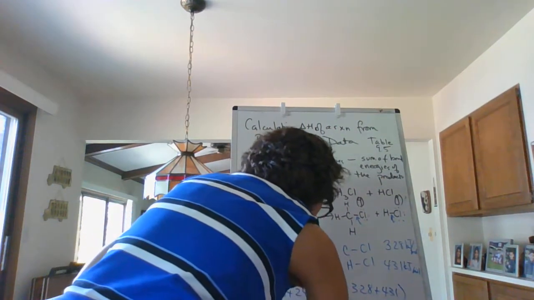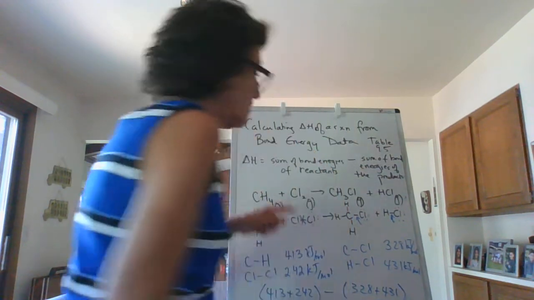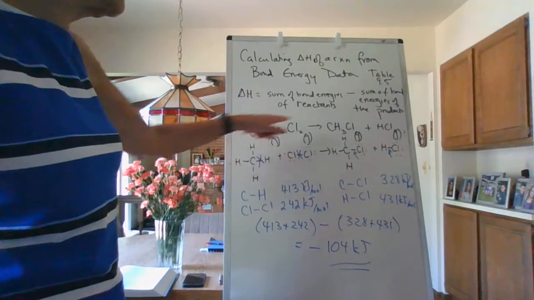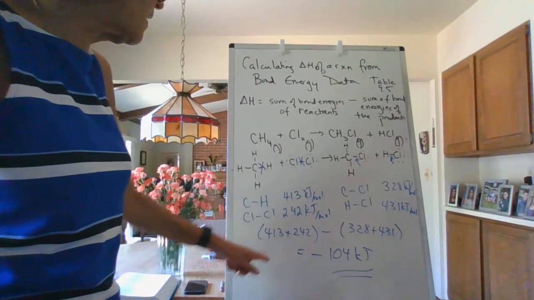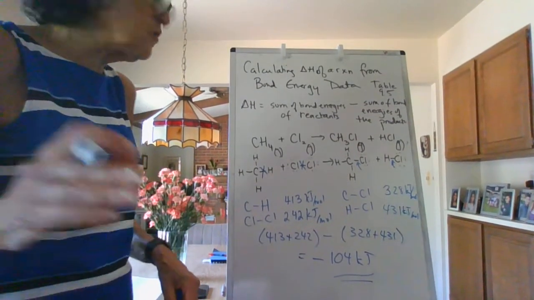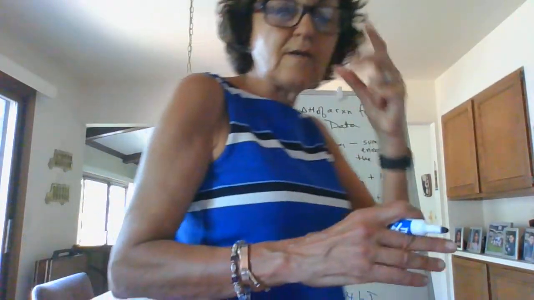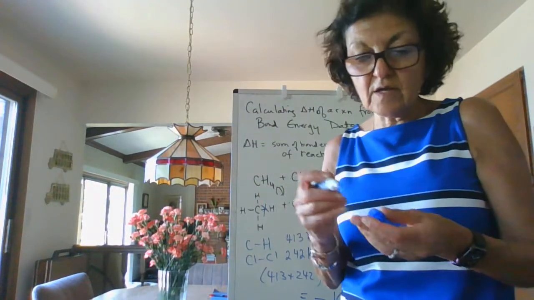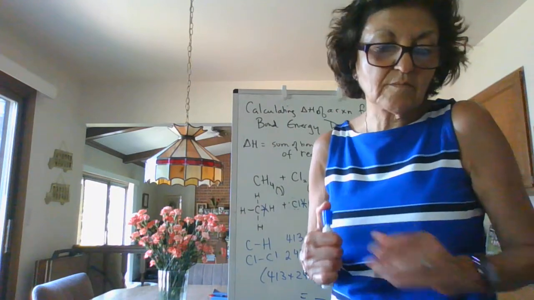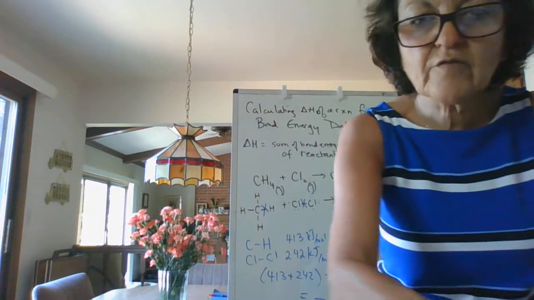So you can tell from this that this reaction here is exothermic, and you are going to be producing 104 kilojoules of energy that will go out to the environment or to the system. Okay, good. So that's how you do it.